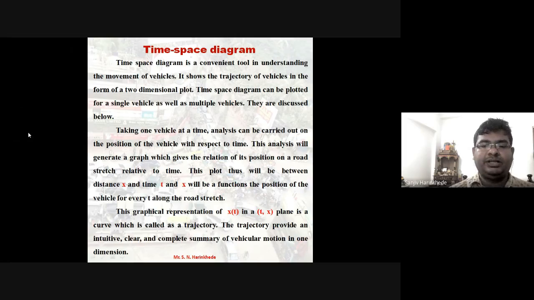X will be a function of the position of the vehicle for every time t along the road stretch. The graphical representation of x(t) in a t-x plane is a curve which is called a trajectory. The trajectory provides an intuitive, clear, and complete summary of vehicle motion in one dimension.